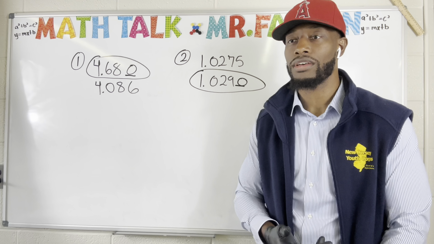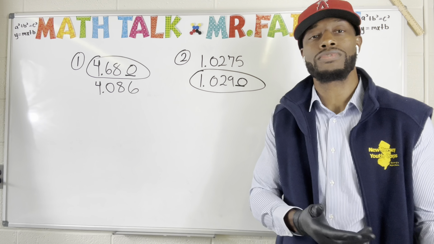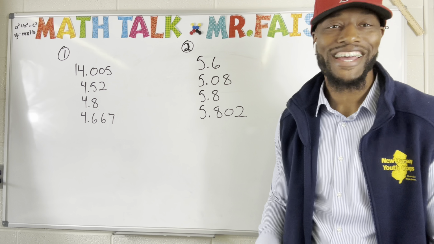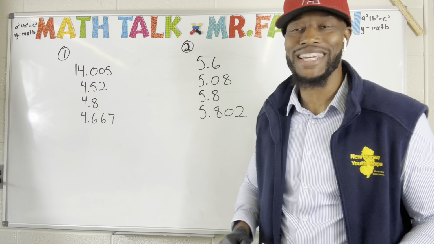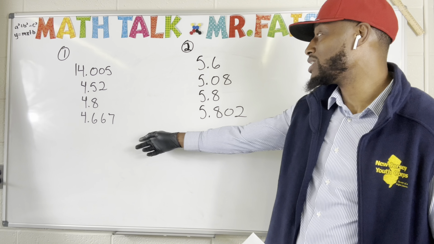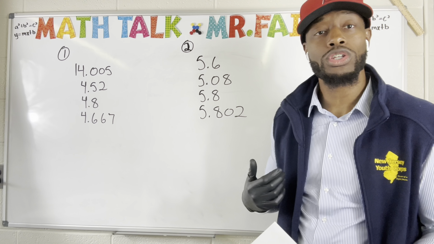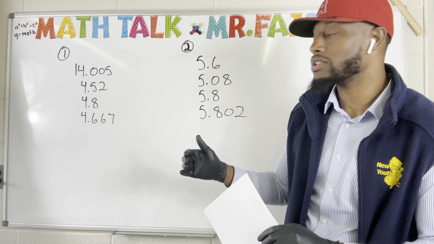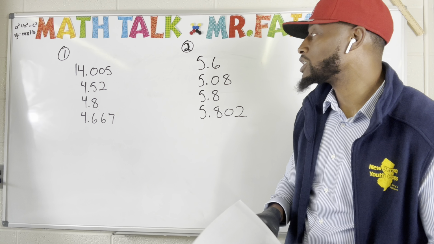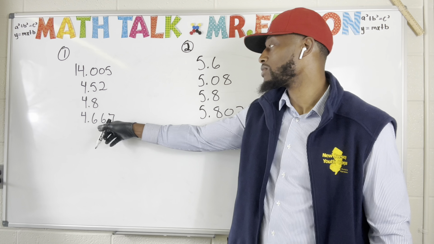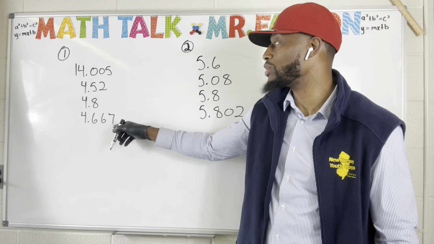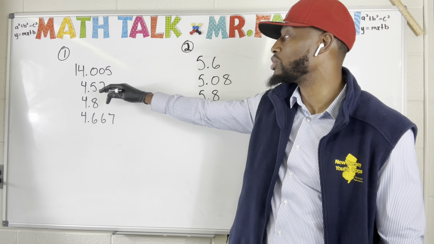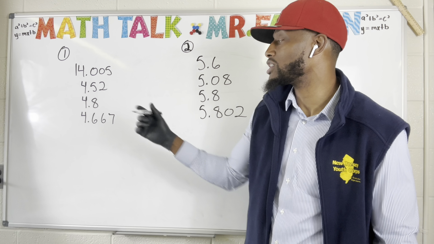All right, so that's just us working with 2 groups of numbers. What does it look like when we have 4 numbers and we need to put them from least to greatest? Oh, all right, we get a little better with this little YouTube thing. Cool, so what they did was they gave us 2 problems. What we want to do is label them from least to greatest, from smallest to largest, right? So remember, this has 3 behind the decimal, that has 3 behind the decimal. I want to make sure every number has 3 behind the decimal.